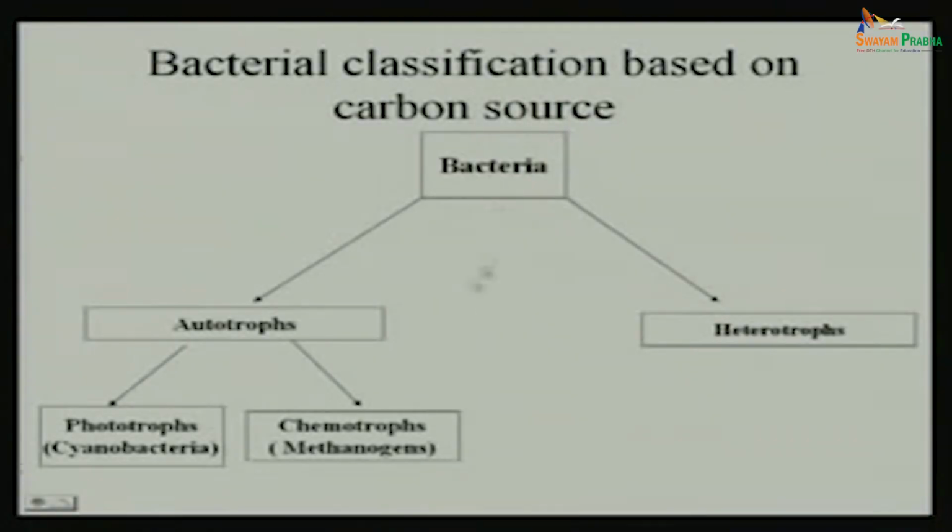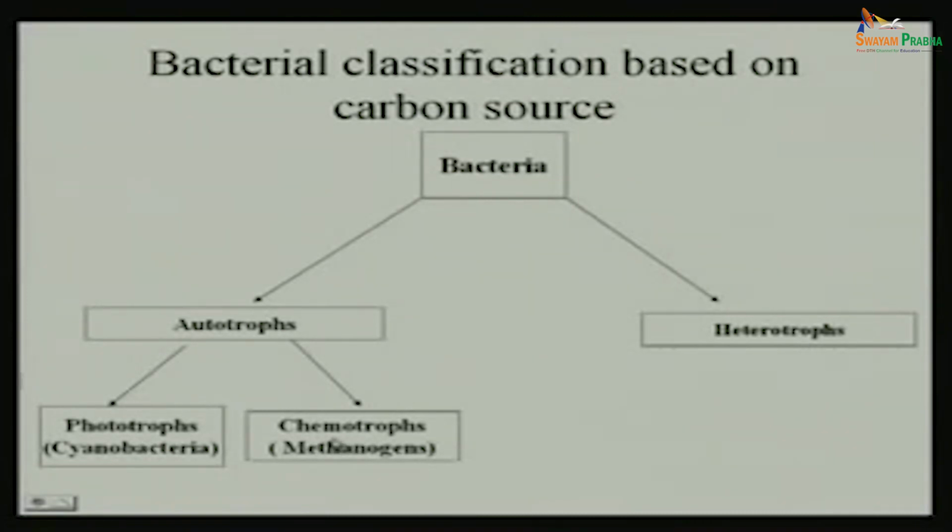Based on the carbon sources, the bacteria can once again be divided into autotrophs and heterotrophs. Autotrophs are once again divided into photoautotrophs and chemoautotrophs. That means cyanobacteria has chlorophyll within it, and they can synthesize their own food.